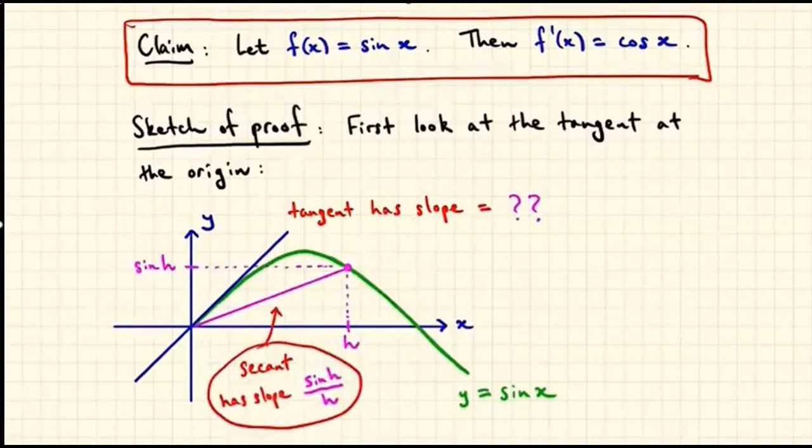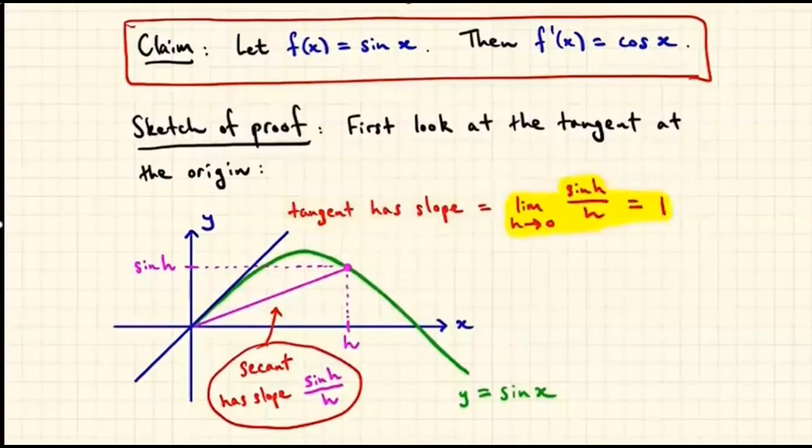So the slope of the tangent line is just the limit of this expression as h tends to 0. But we were introduced to this limit in an earlier video, and we know that the answer is 1. This confirms that the slope of the tangent to the sine curve at the origin is 1.